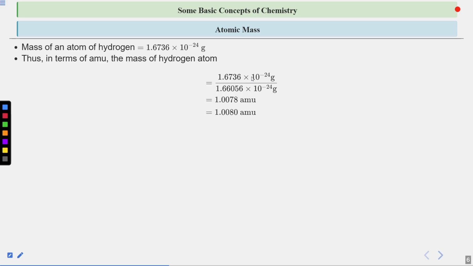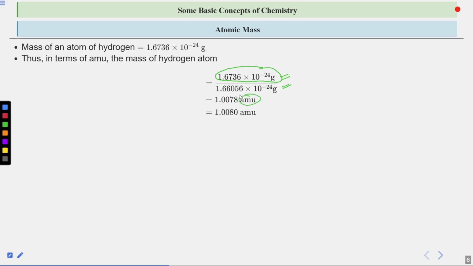We know the mass of one atomic mass unit, so using simple unit conversion, we divide the mass of the hydrogen atom by this value to get the mass of the hydrogen atom in terms of AMU.